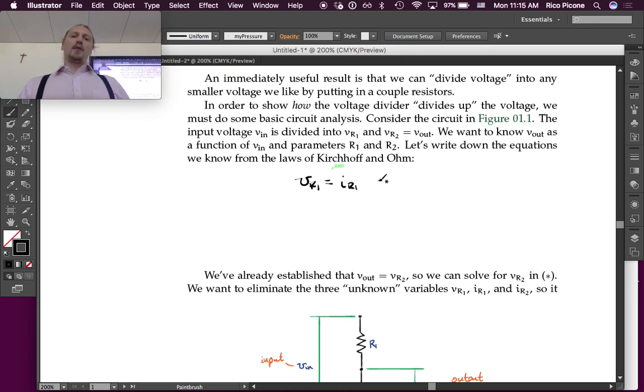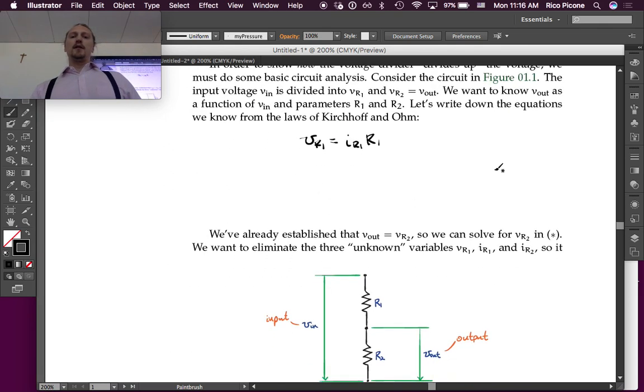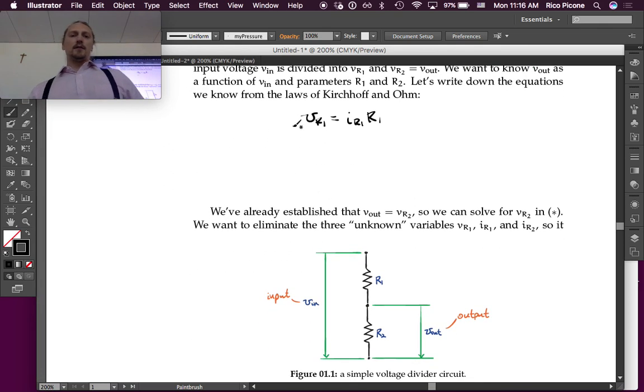So IR1, the current through R1 times R1. Okay? And let's do Ohm's law for resistor 2. What is that one going to be? VR2 equals what? Okay. IR2 times R2. Good. Now let's do Kirchhoff's voltage law.